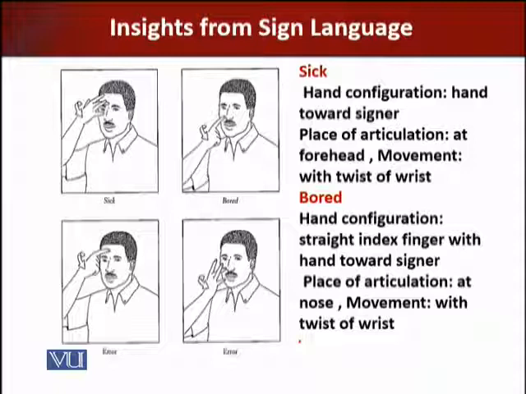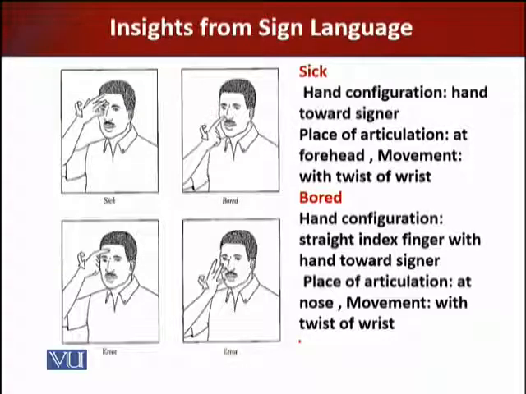The researchers found errors analogous to exchange, anticipation and perseveration. One example of an exchange concerned an individual who apparently intended to sign sick bored, similar to the English, for example, I am sick and I am tired of it.